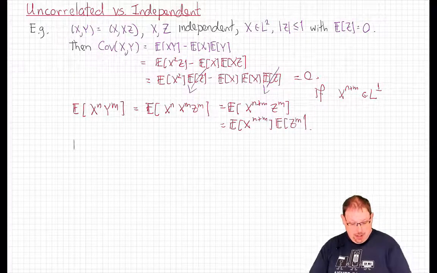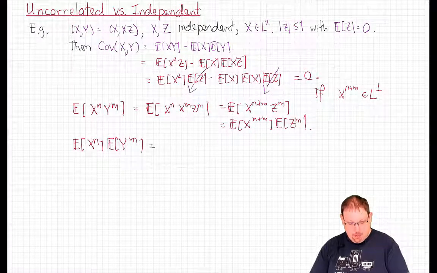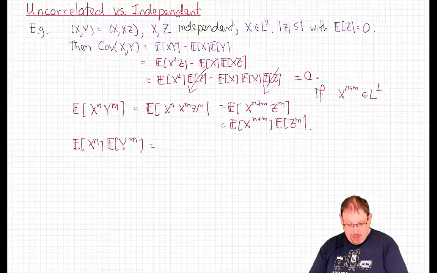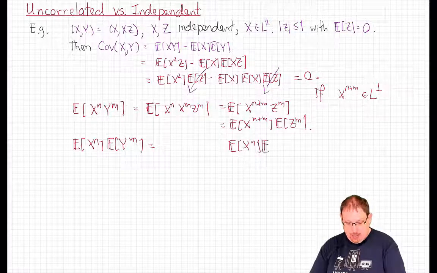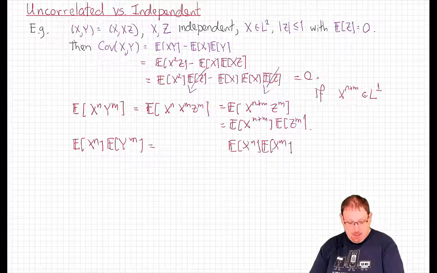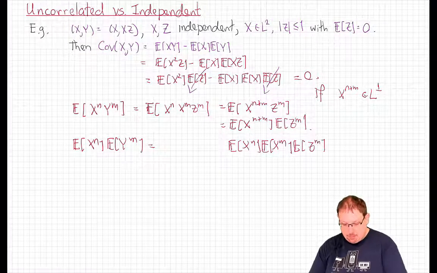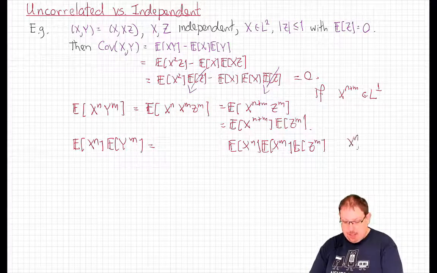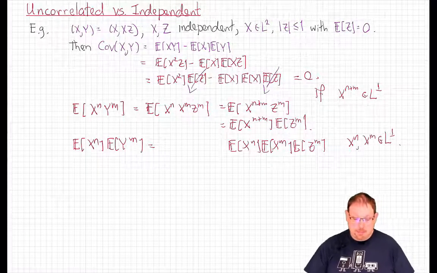Now on the other hand, if I take the expected value of x to the n times the expected value of y to the m, doing the same calculation, what we'll find is that that's equal to the expected value of x to the n times the expected value of x to the m times the expected value of z to the m.